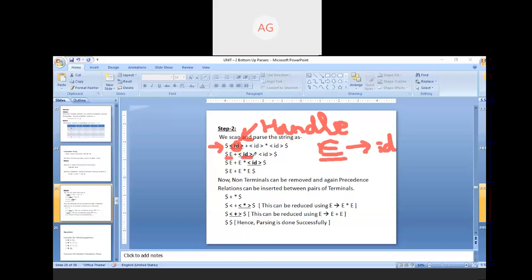So now this id is in between the left braces and the right braces, meaning less than sign and greater than sign. So this id is also treated as the handle in this step. Then we need to replace this id with the non-terminal which produces it. So this id is replaced with this E.